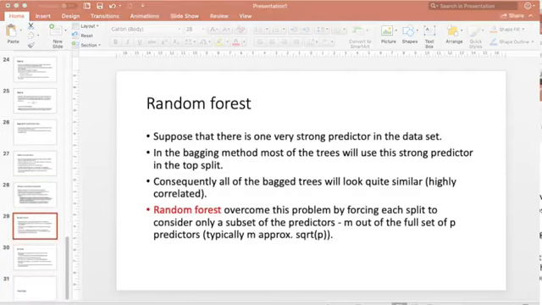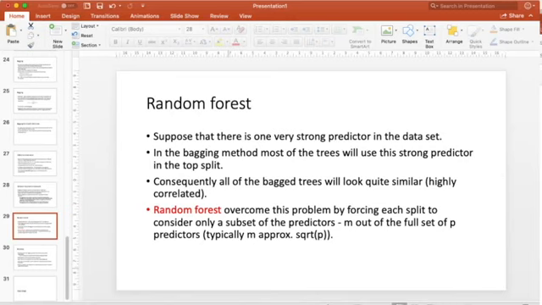To give one example of how a random forest works, suppose there's one very strong predictor in the dataset. However you build the decision tree, and no matter how you split the dataset, you're going to end up with this one predictor as the most important predictor.